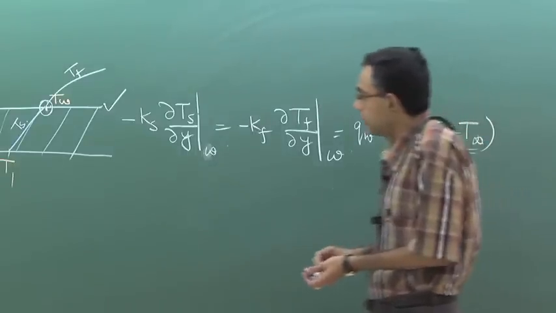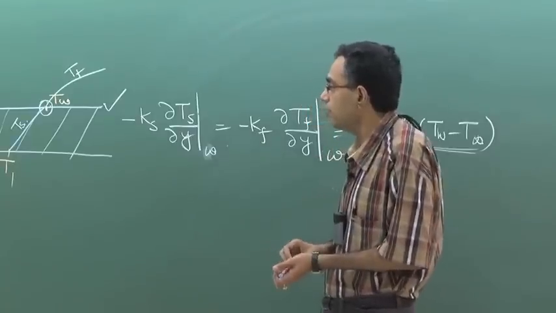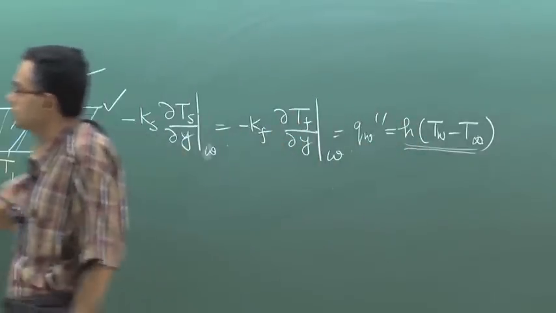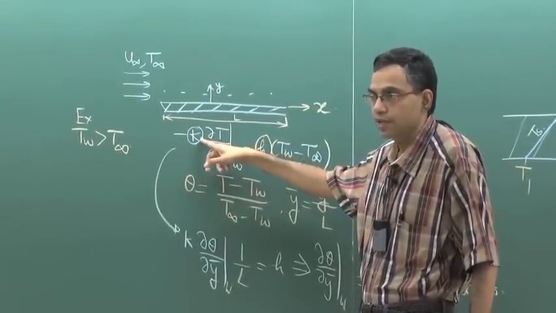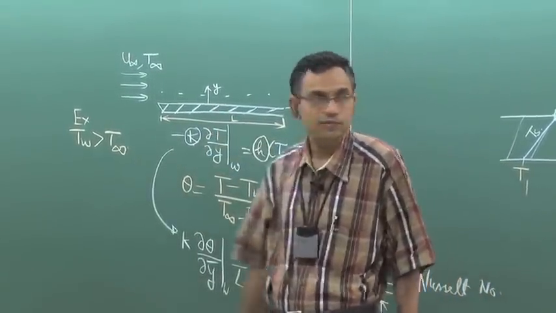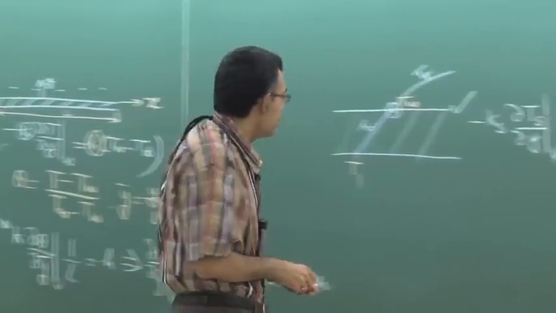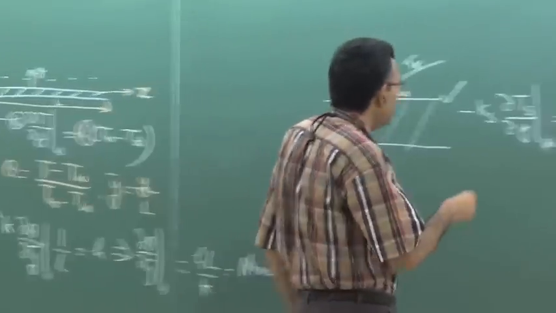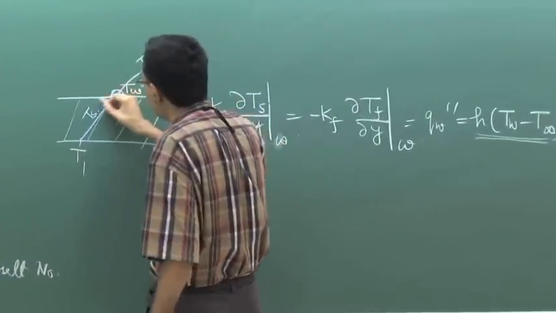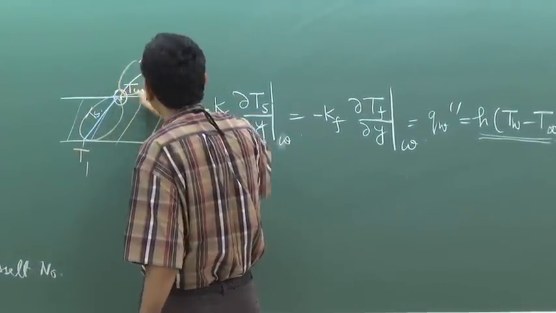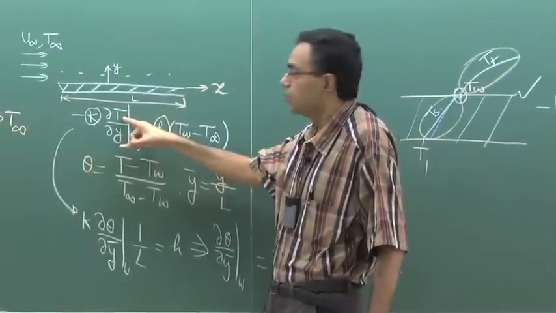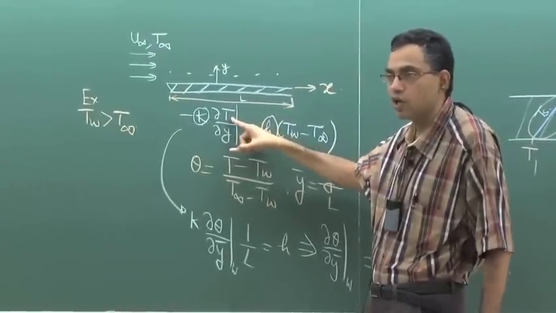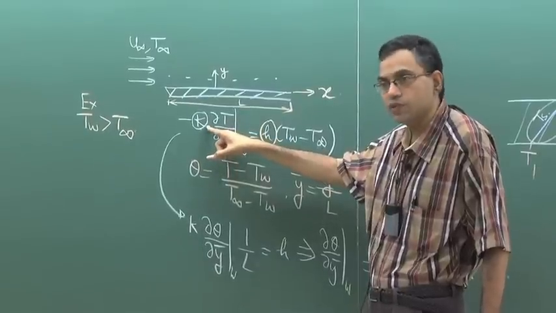Now, based on this, can you give an answer whether it is K of solid or K of fluid? See, it all depends on whether you are using the temperature profile of the solid or the temperature profile of the fluid. If here you are using the temperature profile of the solid, then this will be K of solid.